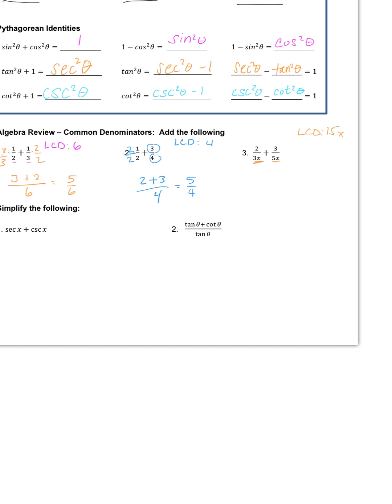So every time you look at this, I can see 3 times x and 15x. I can say the same there. So now I'm going to multiply this by 5 and this one by 3. On the bottom, I have 15x, and 5 times 2 is 10, 3 times 3 is 9, and so now we're going to have 19 over 15x. So just a quick review.